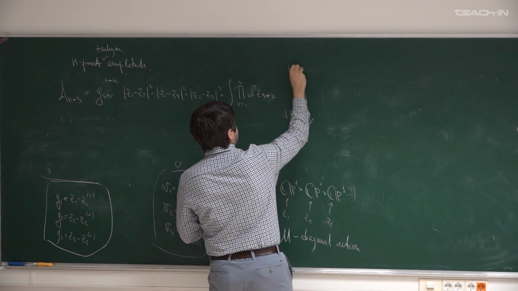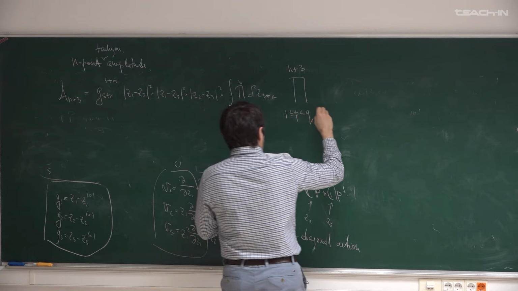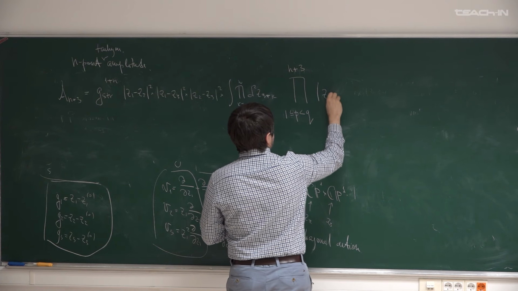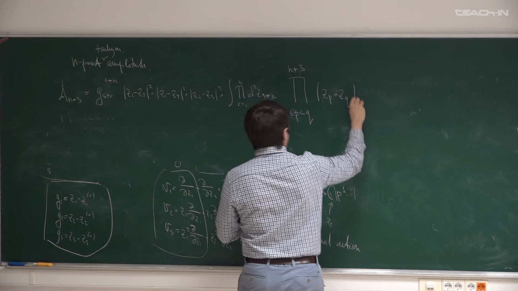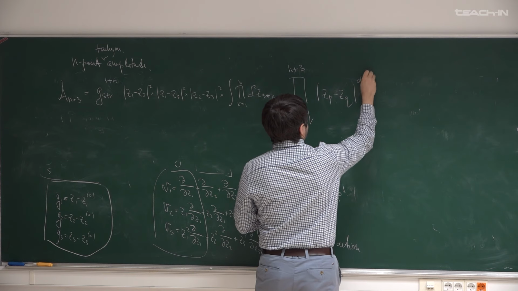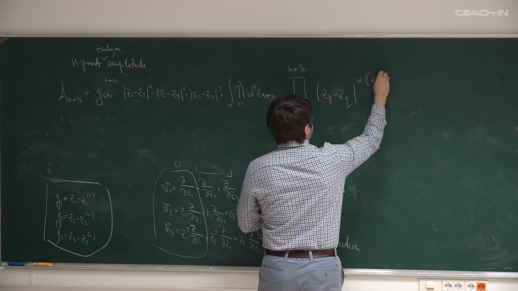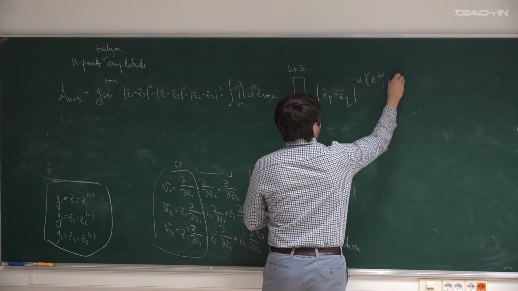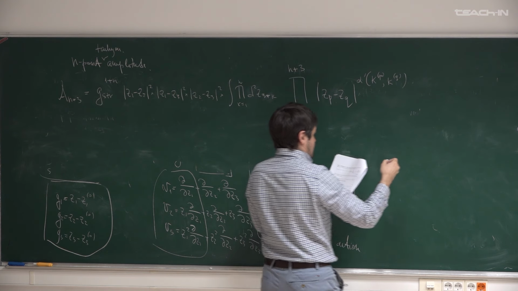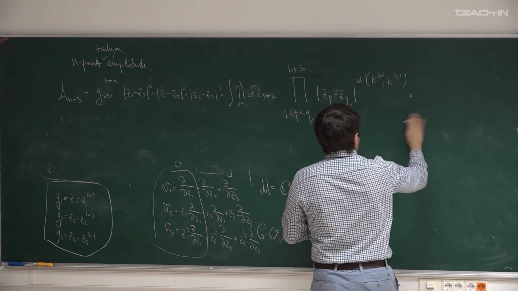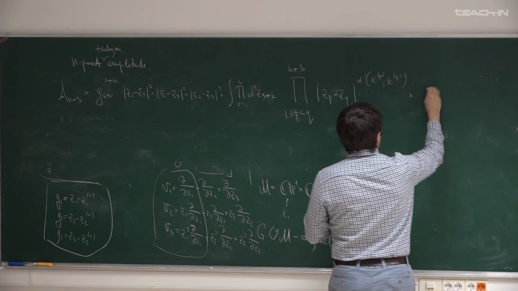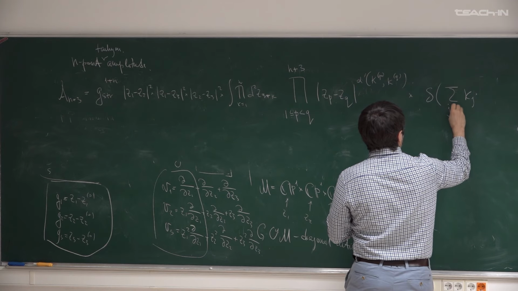And here we have zp minus zq to the power alpha prime kp kq, times the delta function of the sum of all momenta, j from 1 to n plus 3.